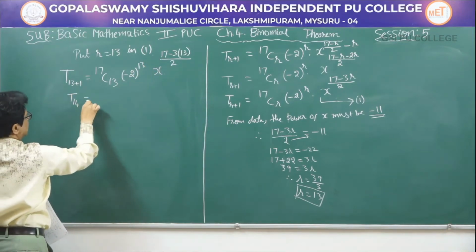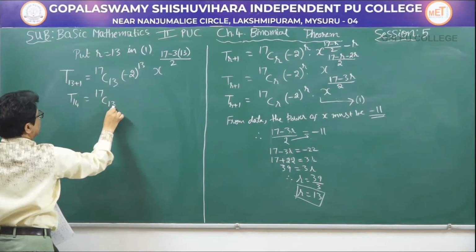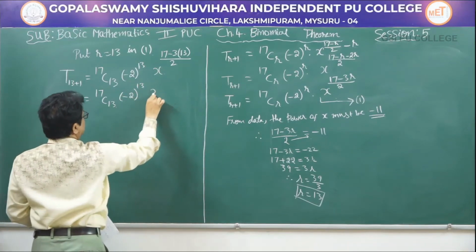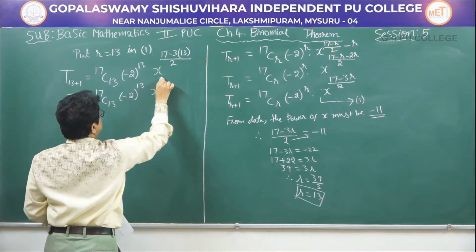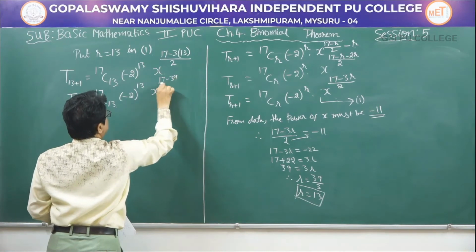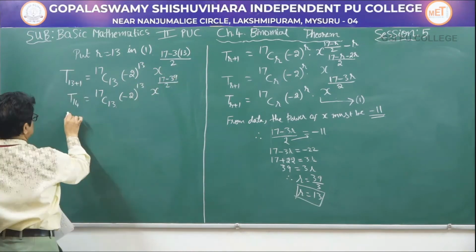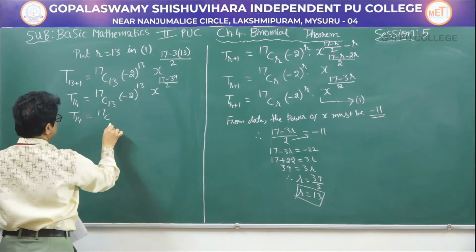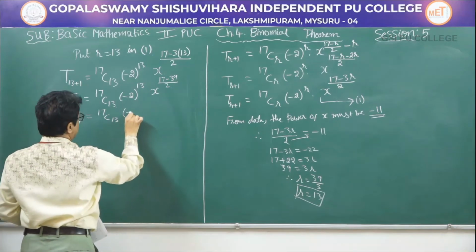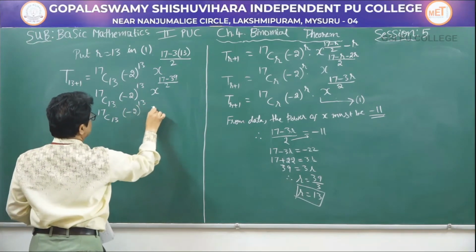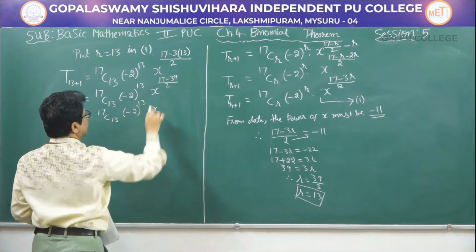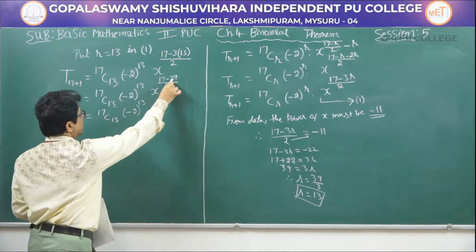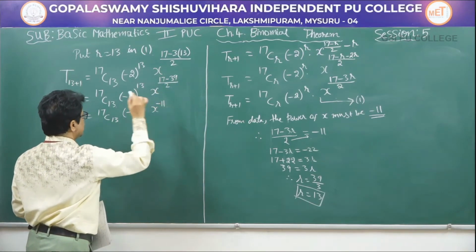So T14 is equal to 17C13 into minus 2 whole power 13 into x power (17 minus 39) by 2. T14 is equal to 17C13 into minus 2 whole power 13 into x power, 17 minus 39 is minus 22. So minus 22 divided by 2 is minus 11.